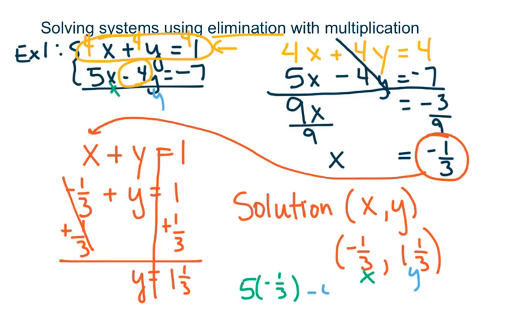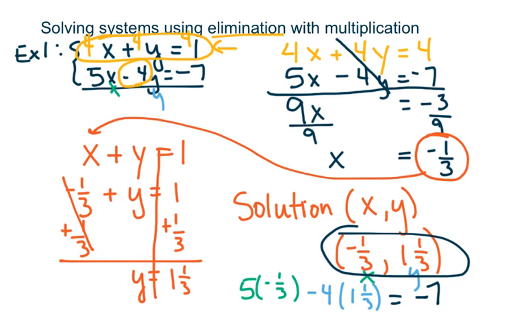So I would get minus 4 times 1 1/3, and I want to see if that really does equal negative 7. So I could type that into my calculator. It does work, so that means that this is the correct solution. We're going to do several examples. So let's move on to example 2.